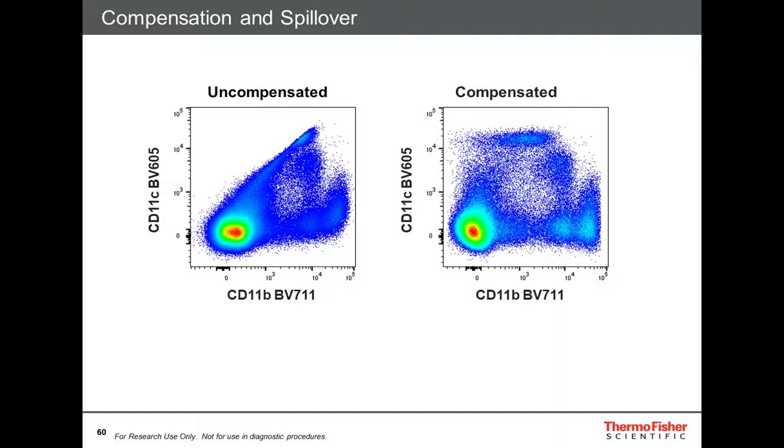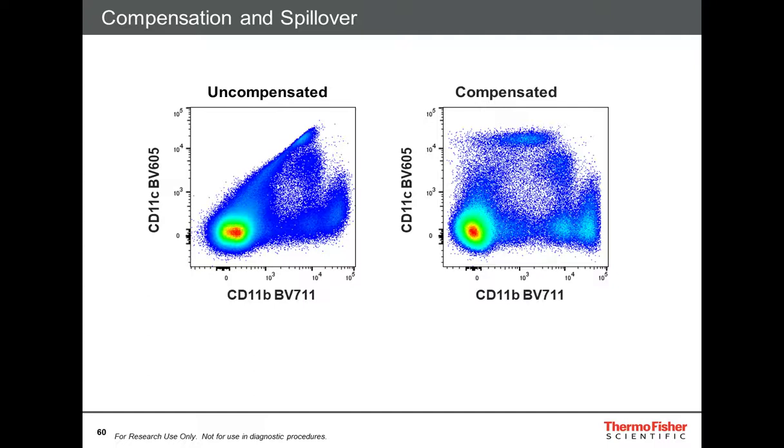So this is an important example looking at uncompensated and compensated data. Usually, we can recognize that the plot on the left is uncompensated by the strange diagonal. And on the right, we only know the data is compensated because it's marked compensated. We really don't have any way to statistically determine that those medians are equivalent in the compensation controls.